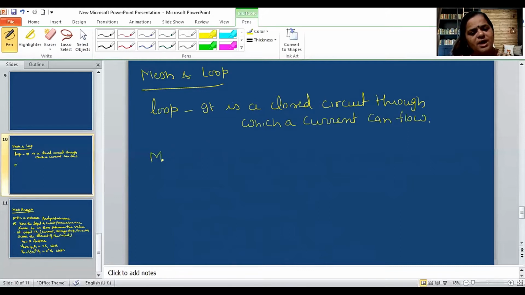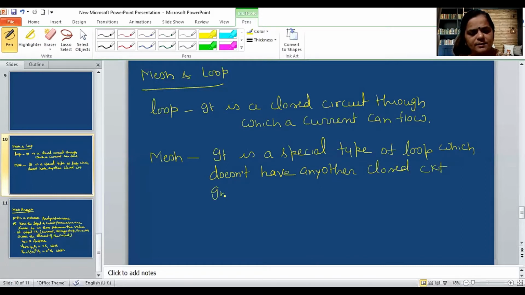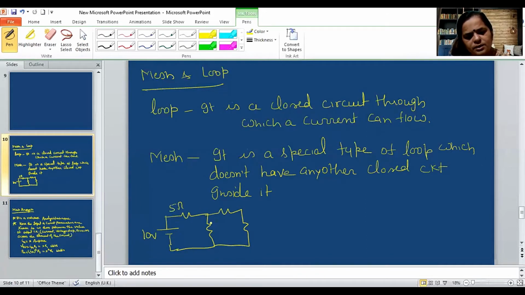Now what is a mesh? A mesh is a special type of loop which doesn't have any other closed circuit inside it. For example, suppose I draw this resistive circuit: this is 10 volt, this is 5 ohms, this is 10 ohms, this is 5 ohms, this is 5 ohms.